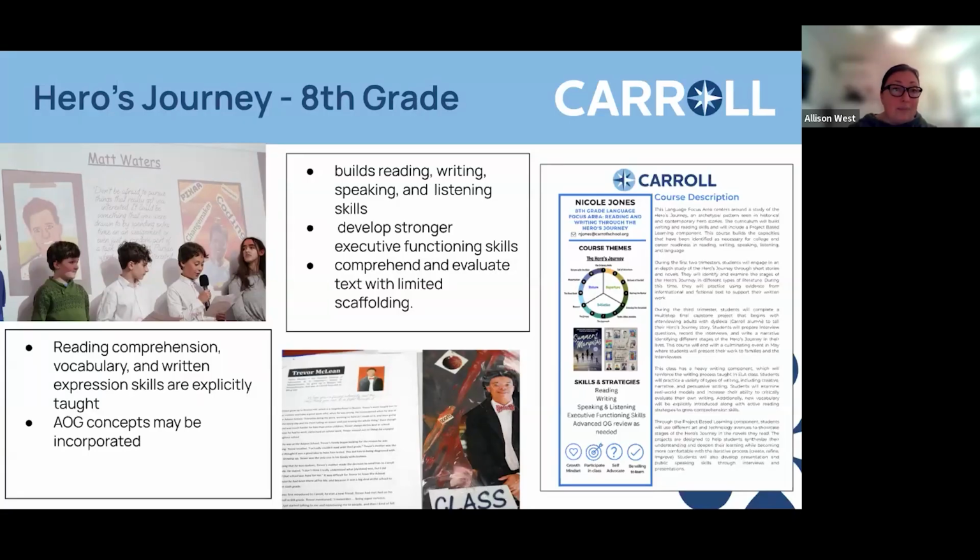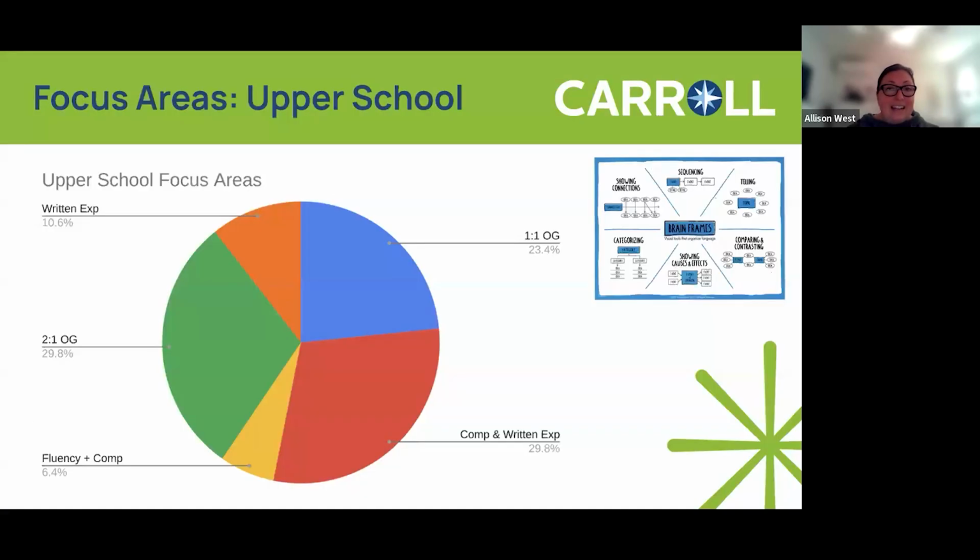And so that is an example of when a student no longer needs to be in an Orton Gillingham tutorial. There are other courses that are designed to build students' needs. And here we have the upper school pie.